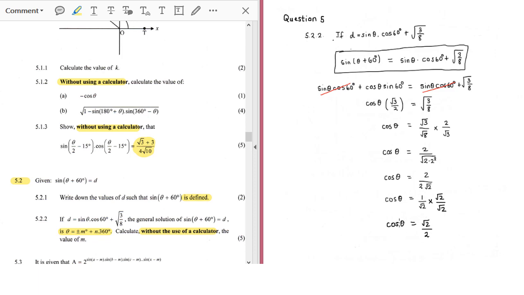Okay, so now we obviously know that theta from here is going to be equal to plus or minus shift, root 2 over 2.